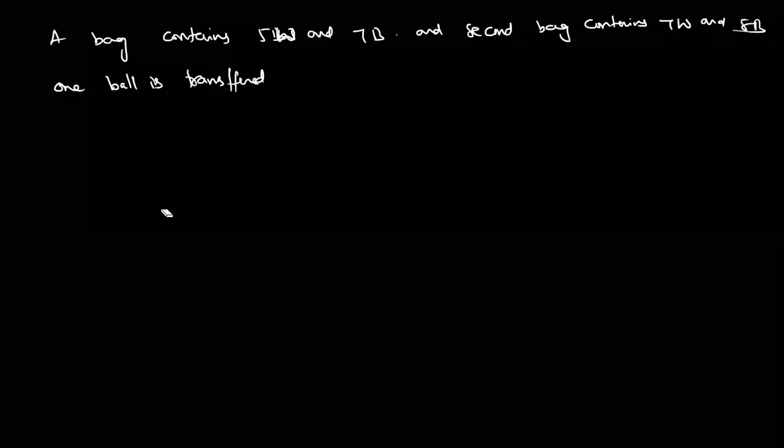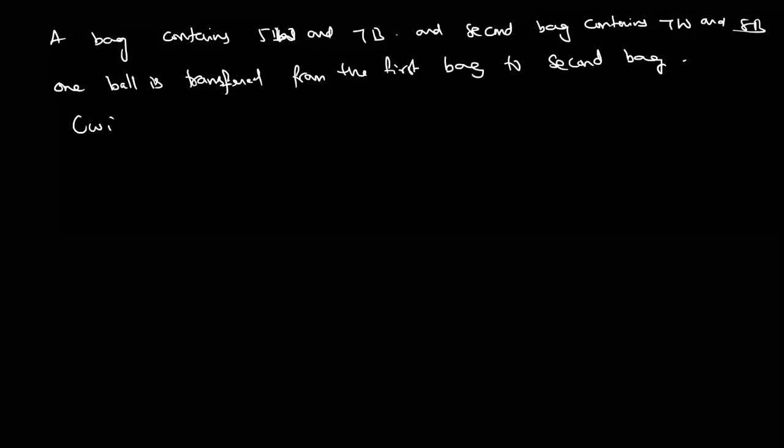See carefully. I'm writing here. Transferred from the first bag to second bag. Write down all of you. Okay. So in this case, we should understand, without noticing any color. That's the meaning.